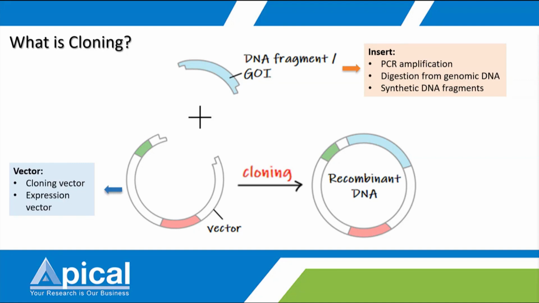The cloning vector is usually used to hold the insert, and is mainly for storage purposes. The other is the expression vector, which is mainly used for gene expression in a certain host cell. The recombinant plasmid generated is a double-stranded circular DNA.